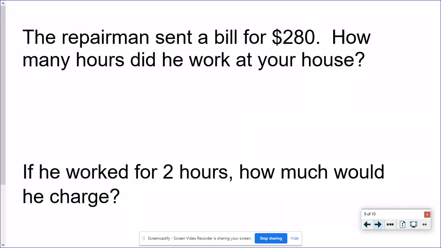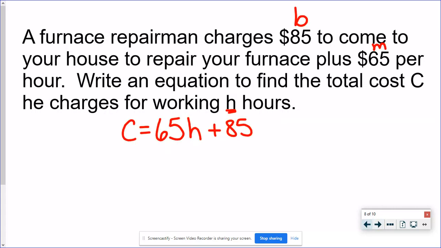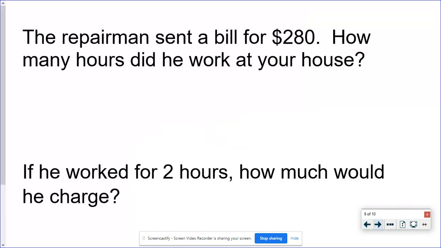All right, so that's the situation. And after they're all done, the repairman sends you the bill and it's $280. So I want to know how long they charged you for working at your house. So our equation again is C equals 65H plus 85. And again, I want you to think about where that 280 goes. Is it 280 hours? No, that was the total cost for this, right?